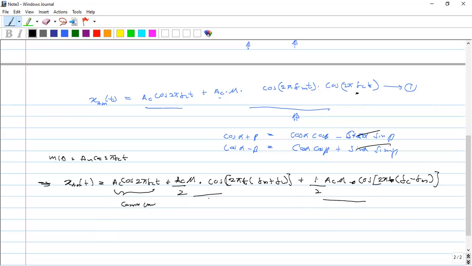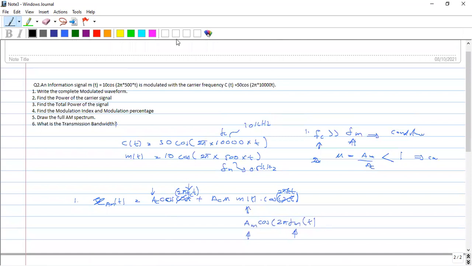In addition to this carrier waveform, you have two sidebands. This is the first sideband, let's say this is V1, and this is the second sideband, V2. So this is the complete signal. I think this one is also correct. If you write it up to here, that's also correct. So in future we will use this.